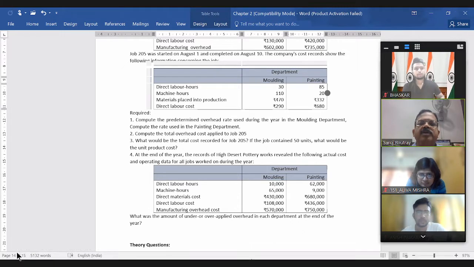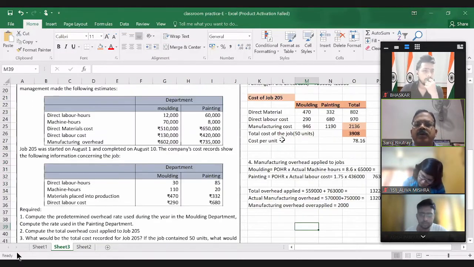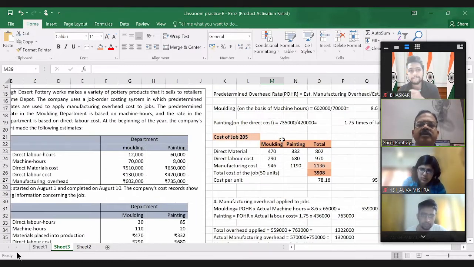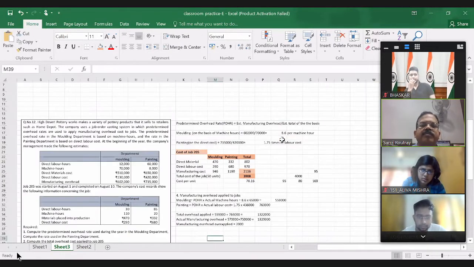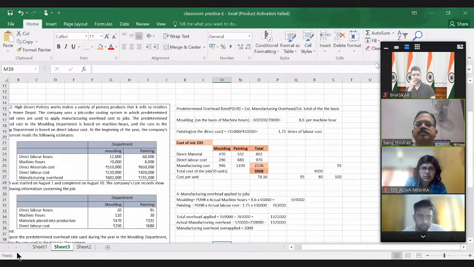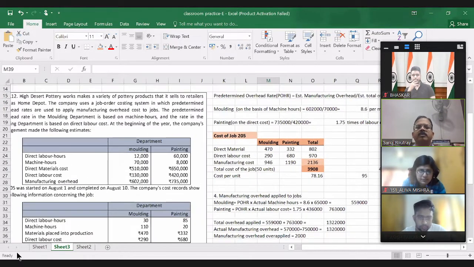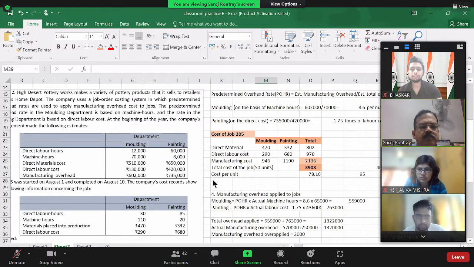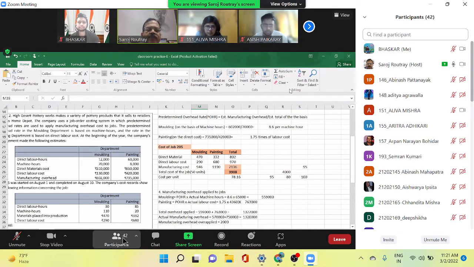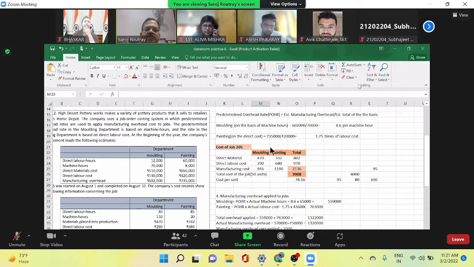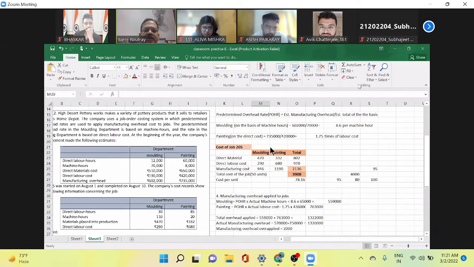All right. So let me take you to the Excel file. Okay. So from the beginning, in this question, the question is giving information regarding, first, the table where it is talking about the estimated expenses: material, labor, and manufacturing overhead.